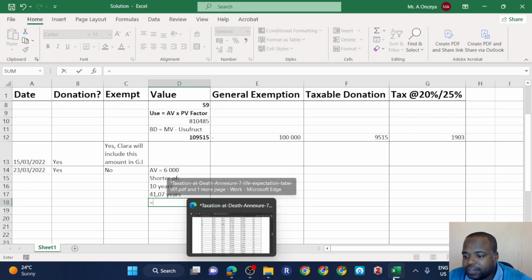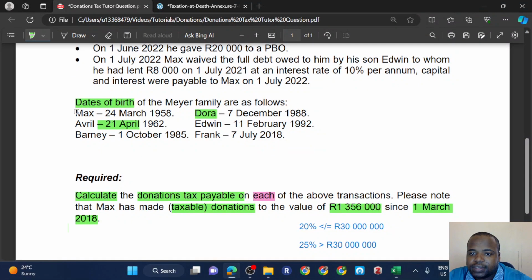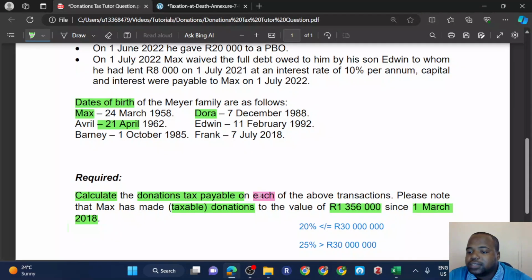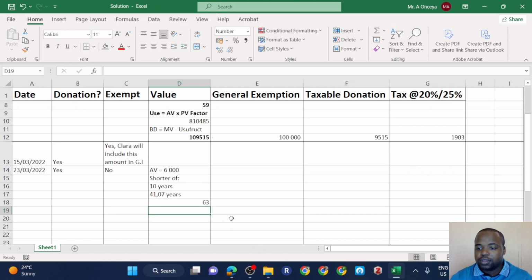And then now we compare the donor's life expectancy. So look at the donor now, the donor being Max. So he was born on 24 March 1958. The date today is 23 March. So he too has not yet had a birthday in 2022. So what you do there is 2021 minus 1958, 63, right? And then you go look at 64.